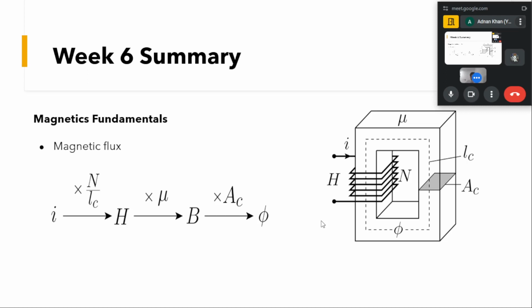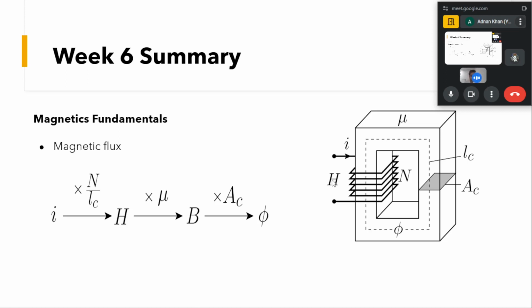As I told earlier, this flux is very much analogous to the current in an electrical circuit. As you can see, we have a current carrying conductor, and the direction of the magnetic flux generated by this current carrying conductor wound around the core will be given by the right hand thumb rule.